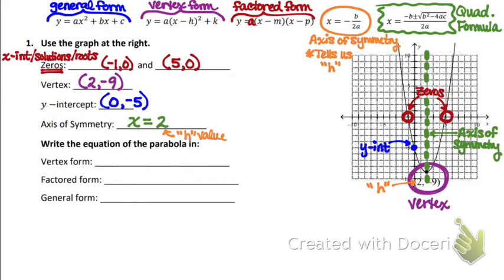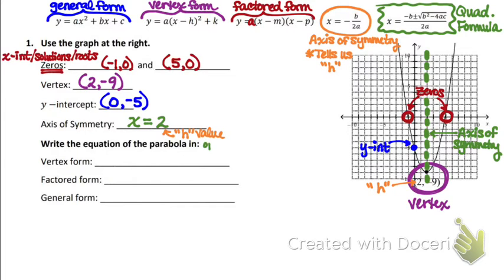All right. The last part of this question is why I wanted to make sure that we definitely did this together. They ask us to write all 3 forms for this parabola. Does this parabola open up like a cup or down like a frown? Up like a cup.